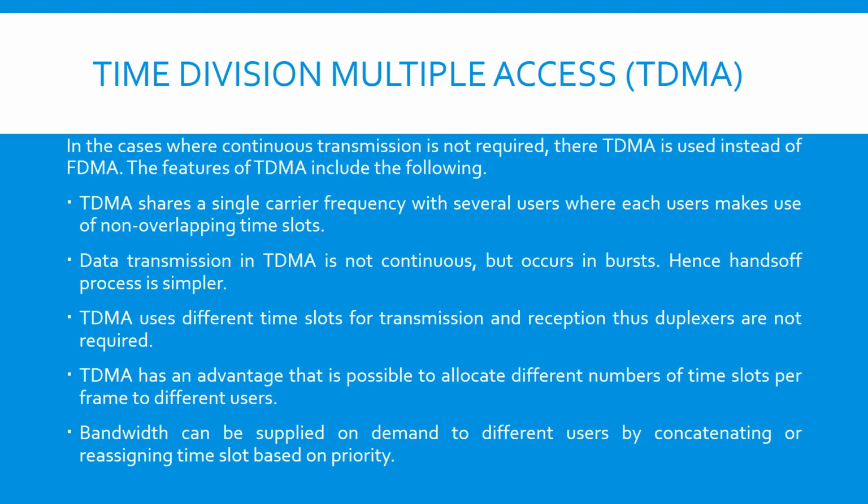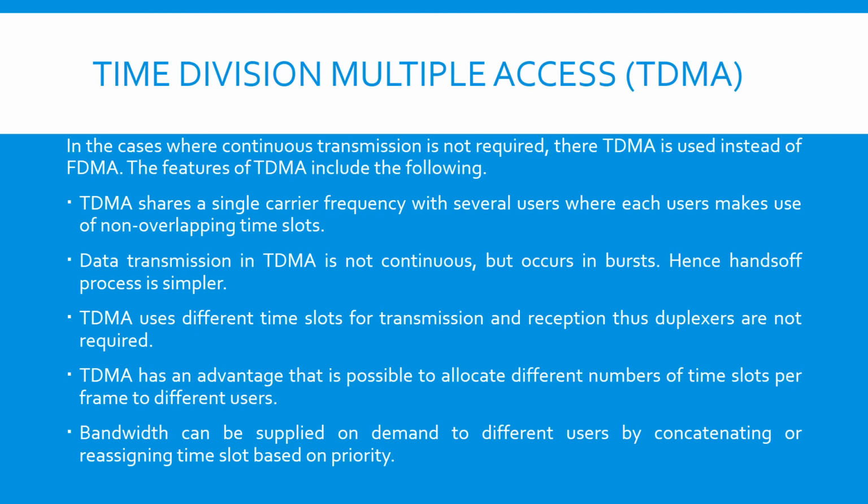Data transmission in TDMA is not continuous but occurs in bursts. Hence, the handoff process is simpler. So in the TDMA technology, the data transmission is not constant or continuous. Therefore, it occurs when a particular device becomes active only. Then only the communication starts.